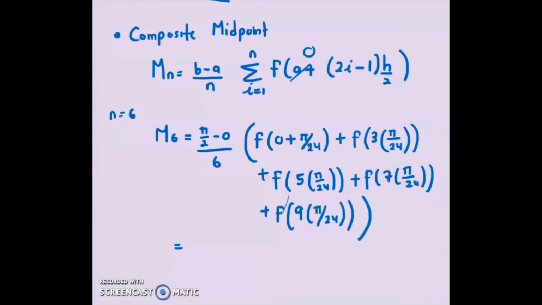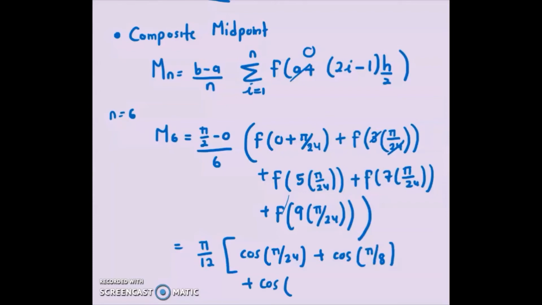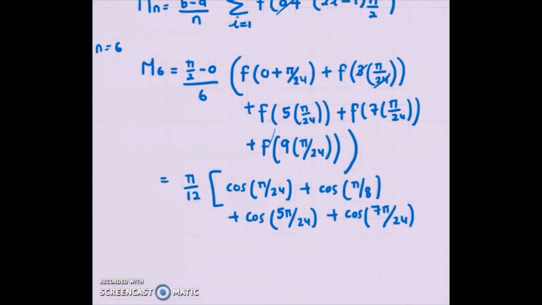Okay, so you need to get all these values here. So I have pi over 12 times cos pi over 24 plus cos 3 pi over 24 plus cos 5 pi over 24 plus cos 7 pi over 24, and lastly plus cos 9 pi over 24, which is 3 pi over 8.